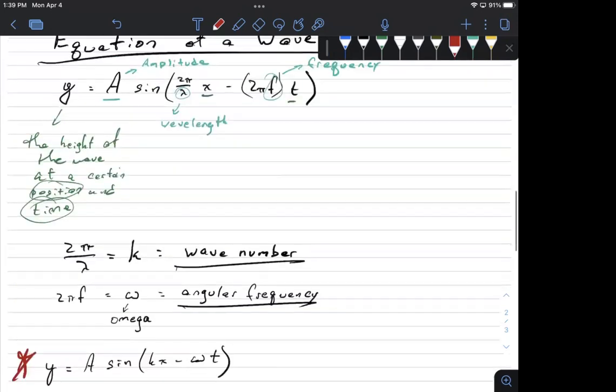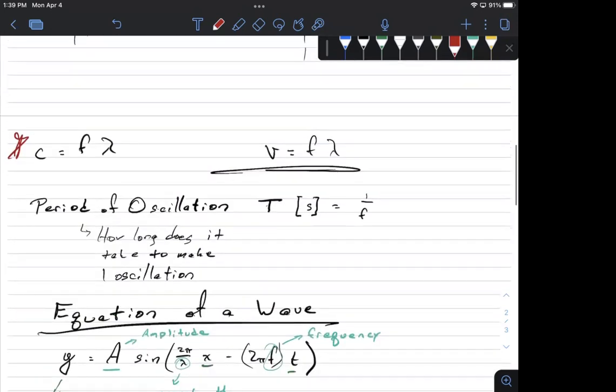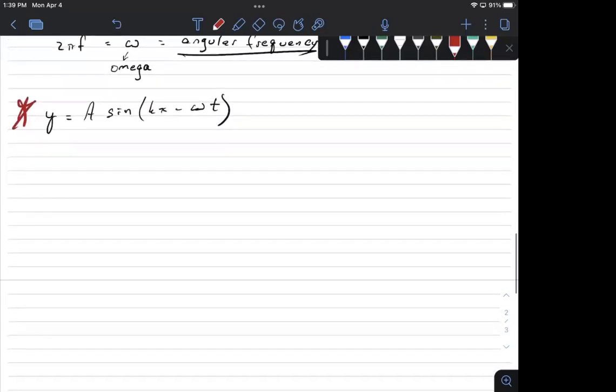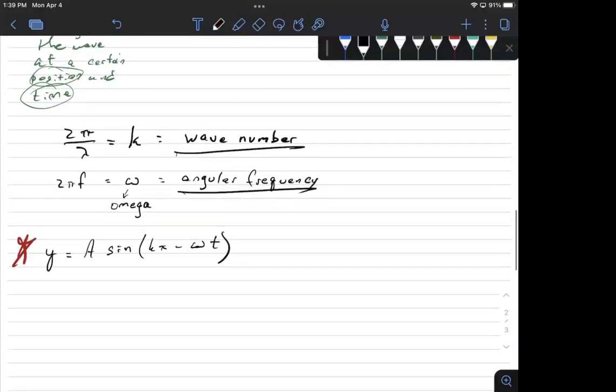So that's the next big thing. First thing, the big relationship between speed of a wave, frequency, and wavelength, the 3 characteristics of a wave, and then the equation of a wave, the mathematical representation of a wave as it moves through whatever medium it's in. The last thing I'll show is, well, I just have 2 new characteristics sitting here.